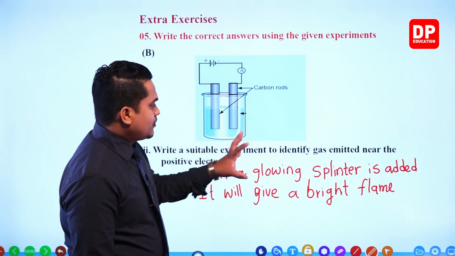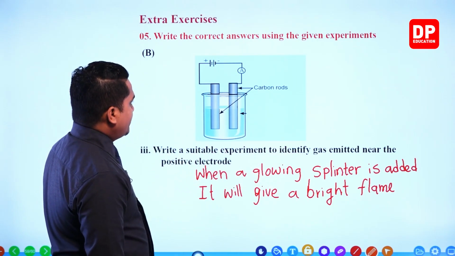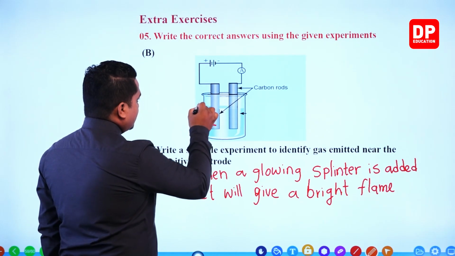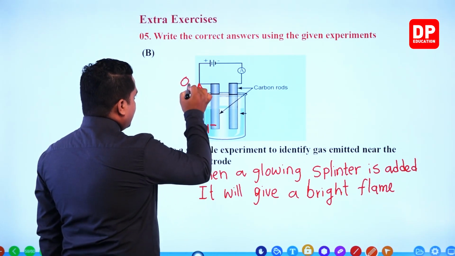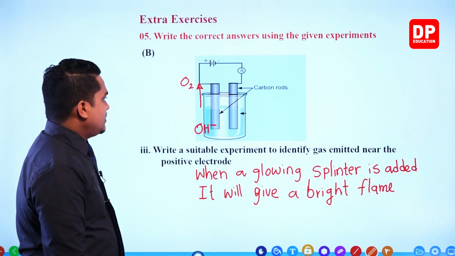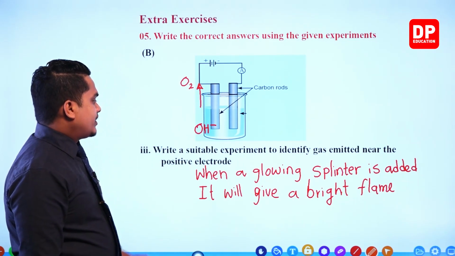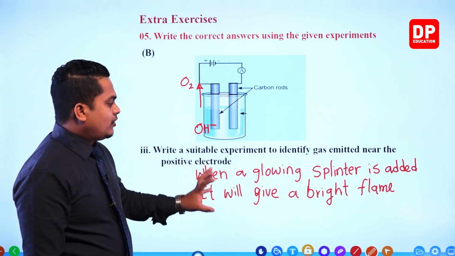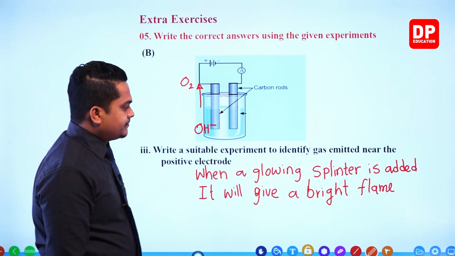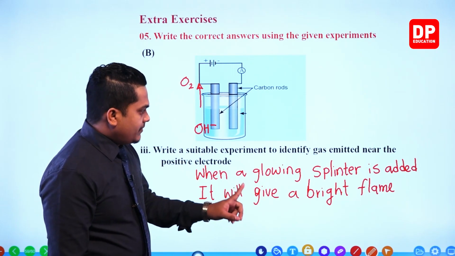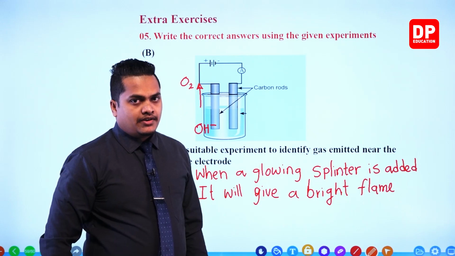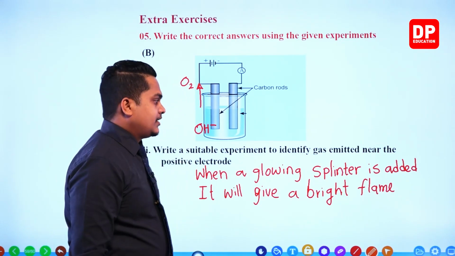So to identify gas emitted near the positive electrode, here you can observe OH minus. That means oxygen gas is getting emitted from the positive terminal. That means, my dear children, when you add a glowing splinter, what will happen? It will give out a bright flame.